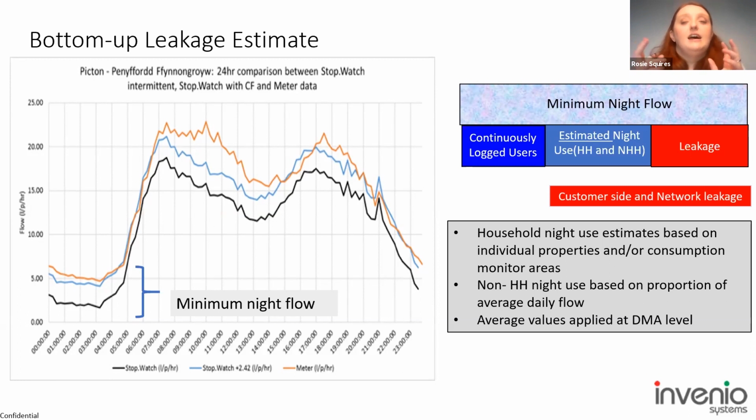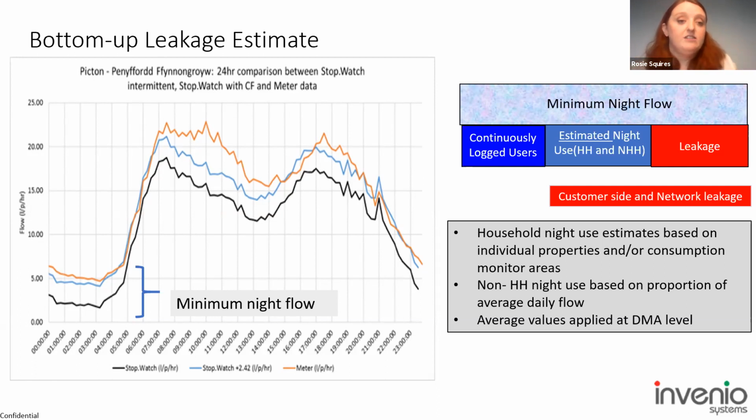So you get the amount of leakage in that area on the customer side. You also get the night use from each individual property that you have logged. So you can add up their demand, and then the rest is inferred network leakage.